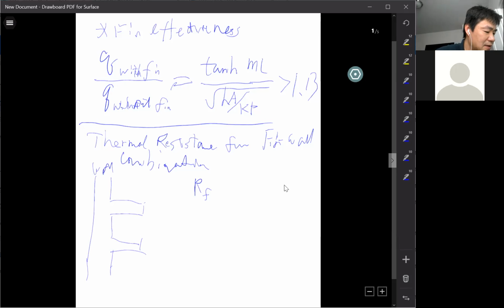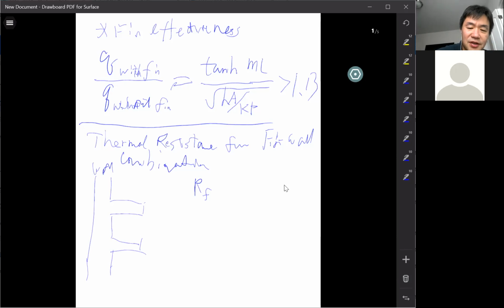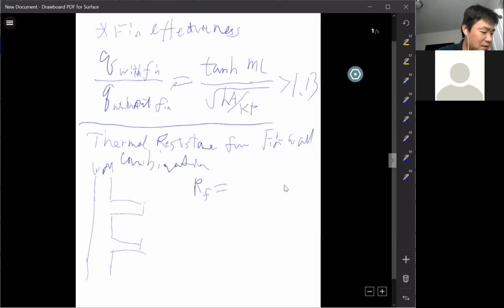It's the convection heat transfer through the fin surfaces. So it will be 1 over eta, the efficiency, times AF, times H, where H is for the surrounding. So this is the RF, right?